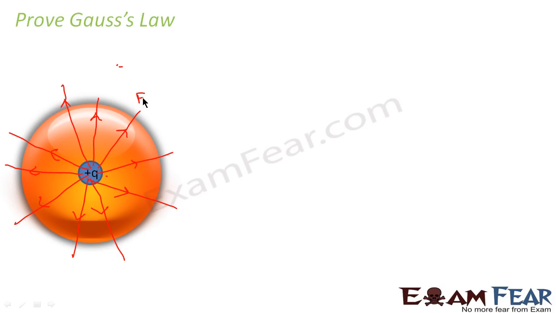Now let us suppose I consider a small element ds. Let us say this is ds, right? So what would be the normal to this area element? The normal to this area element will also be along this direction, right? So let us calculate the flux phi, which is given by E dot ds.